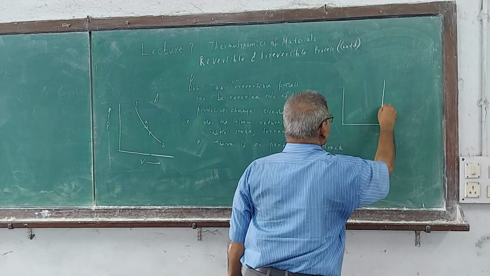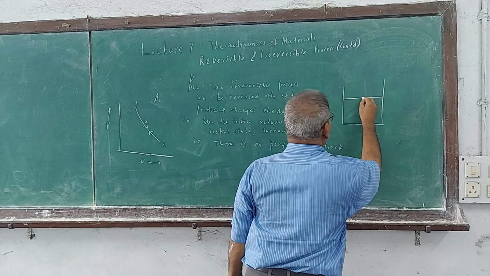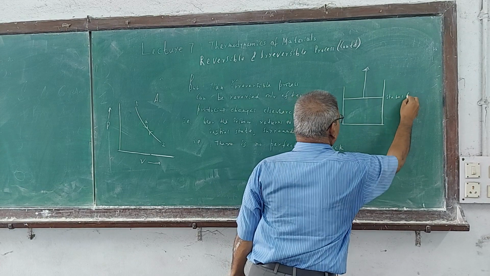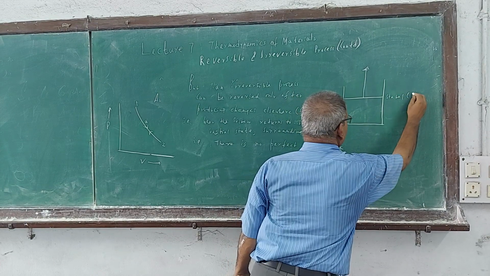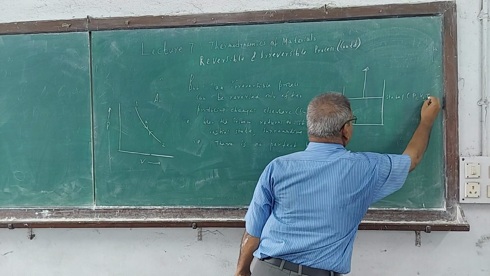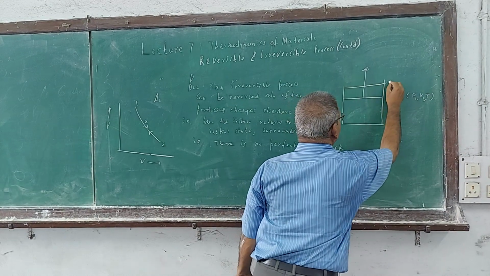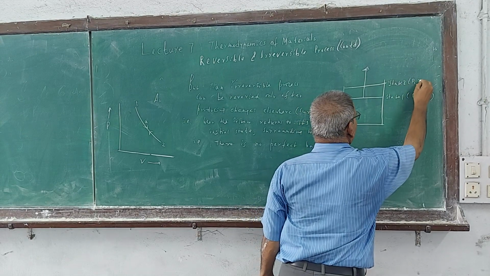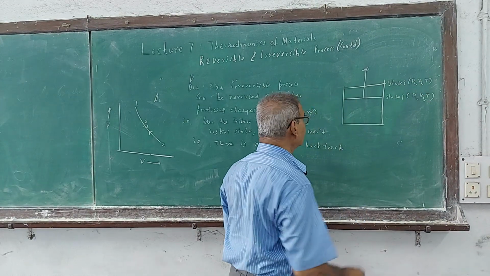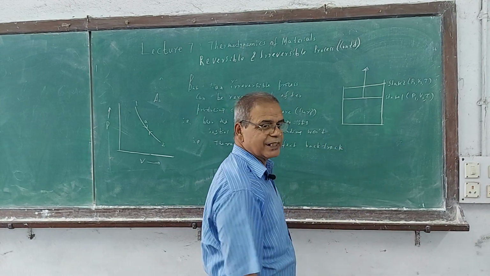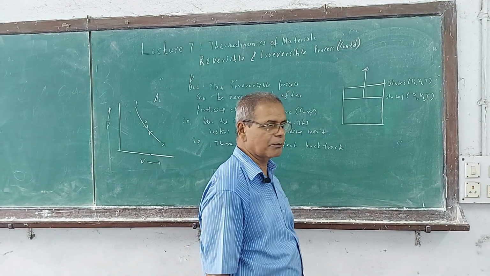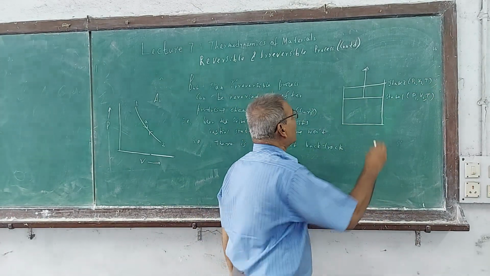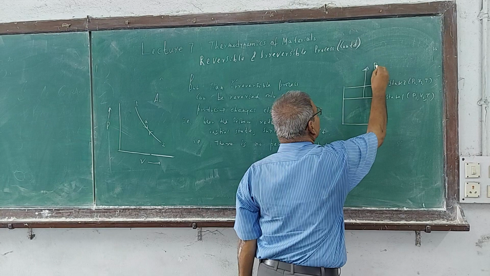Start at state 1: P1, V1, T, taken to state 2: P2, V2, T. Remember, there is a thermostat here. I didn't sketch that. It is a thermostated, isothermal process. You understand this isothermal process. So how do you proceed irreversibly?